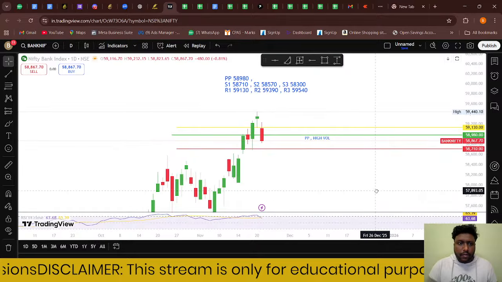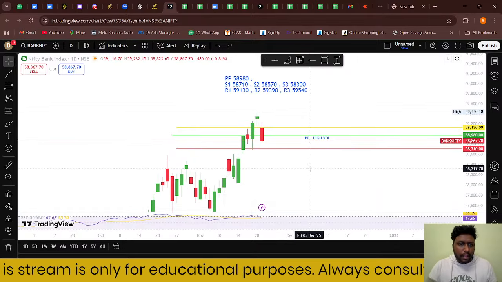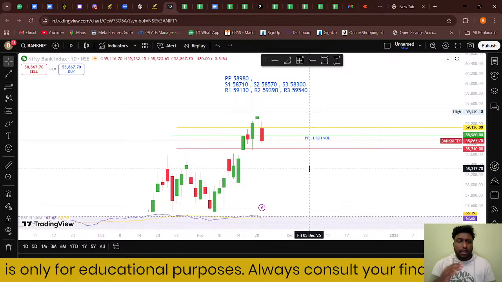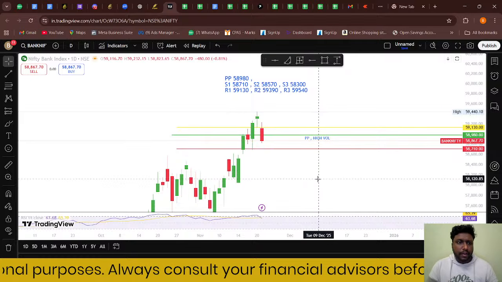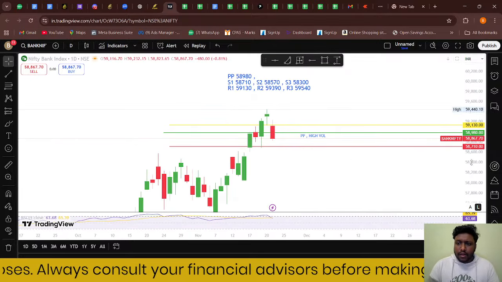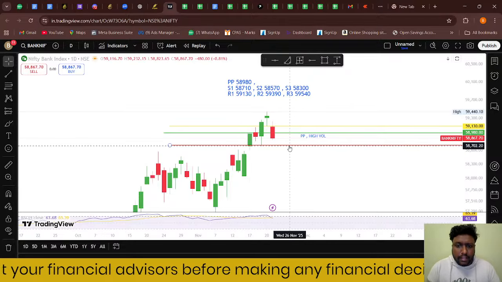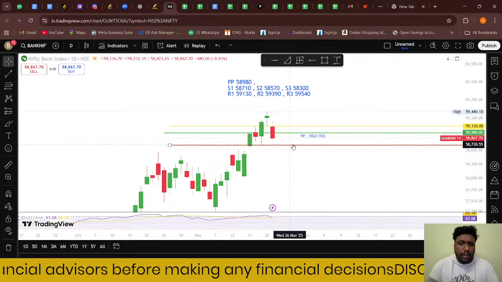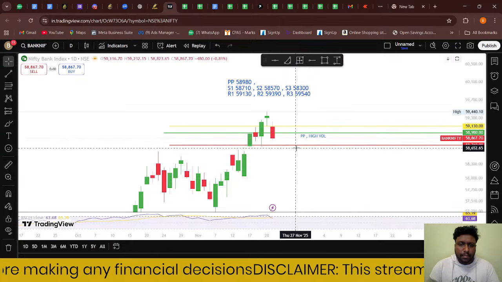After that, we will wait for the first 5 to 15 minutes to get a proper range, and we can trade either breakout trades from this pivot line if it is anywhere near it, or a breakdown trade. Or like yesterday in Bank Nifty, it opened near our support 1.